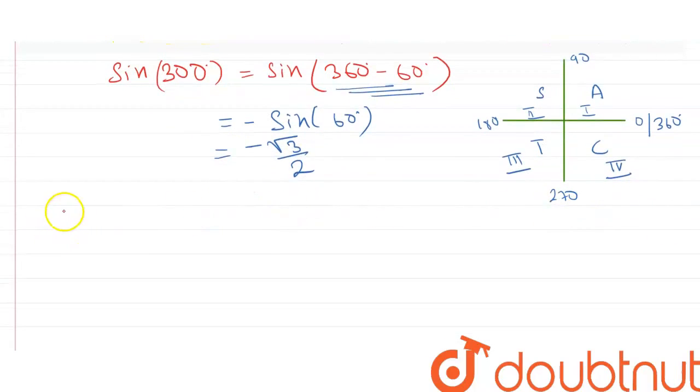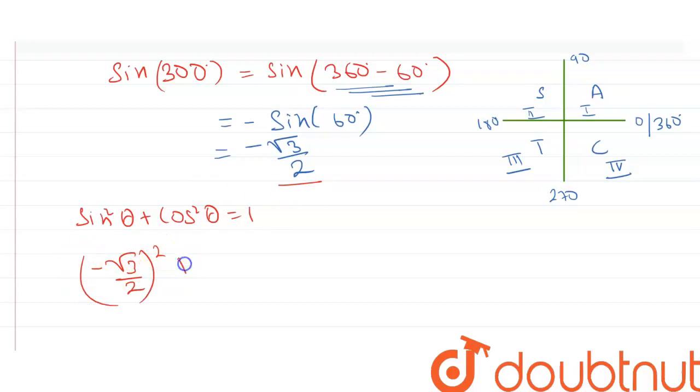Now we have to calculate the cosine of 300 degrees. Using the same formula, or rather this identity: sine square theta plus cos square theta is equal to 1. We know the value of sine 300, it is minus root 3 by 2. So minus root 3 by 2 whole square plus cos square theta is equal to 1.